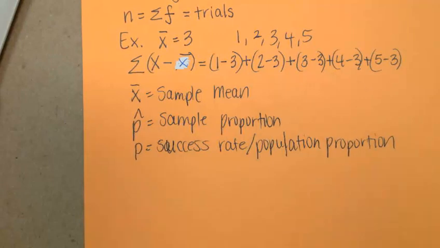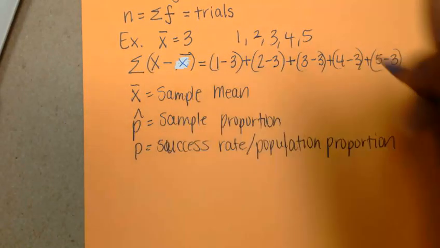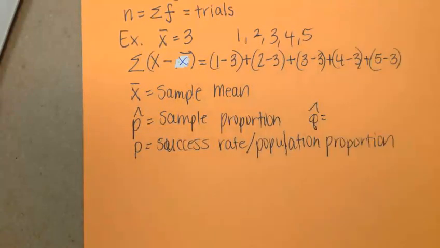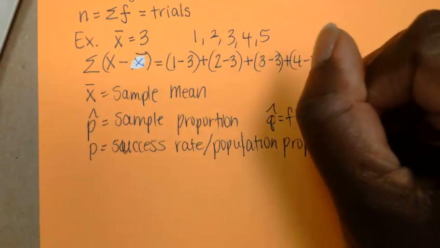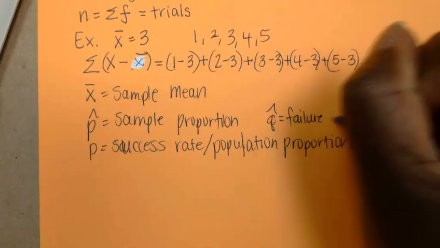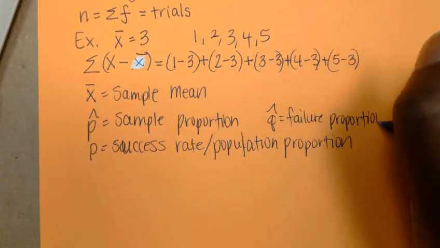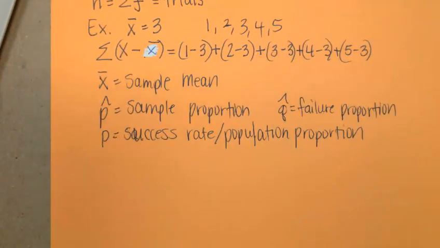So q hat and q would be the failure rate. And put q hat right here. Remember, failure does not always mean bad. Failure just means it's not what you're looking for.